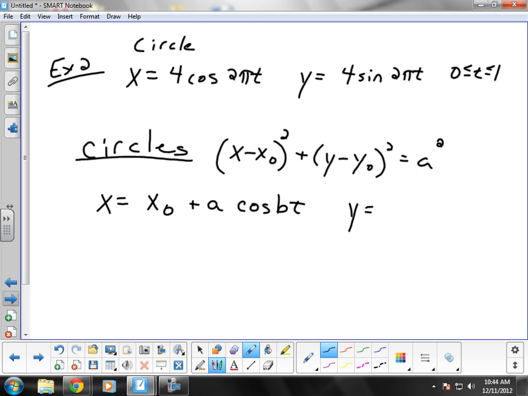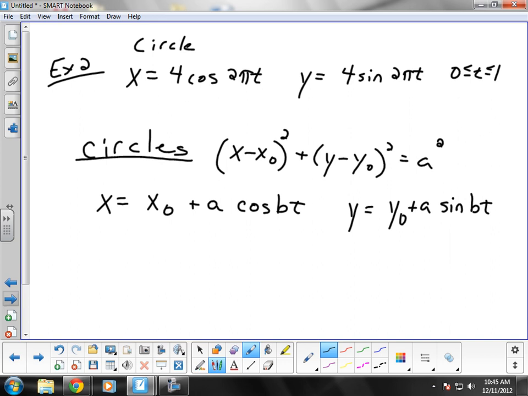And y is equal to y sub 0 plus a times the sine of b times t. And you have to figure out what the b is to make it be right. All b does is, that's the period.